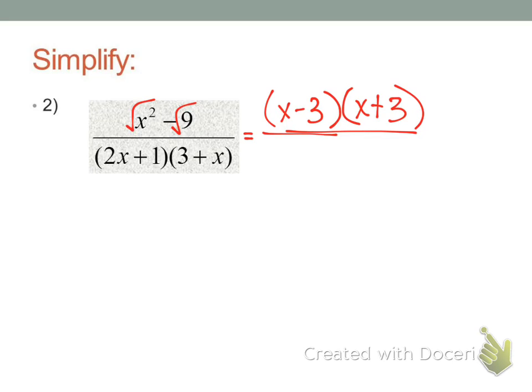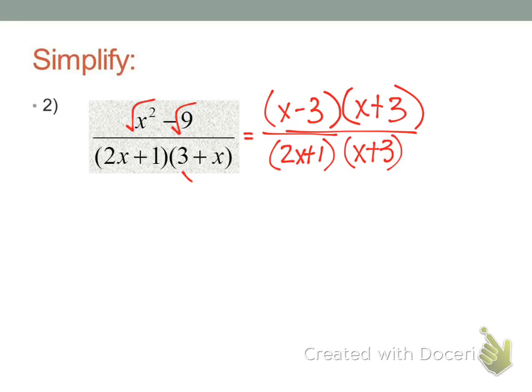Now looking at my denominator, I'm going to go ahead and leave that first set of parentheses alone. But I'm going to rewrite that second set of parentheses in my denominator. How do you think I want to rewrite this second set of parentheses? X plus 3. They're both positive.